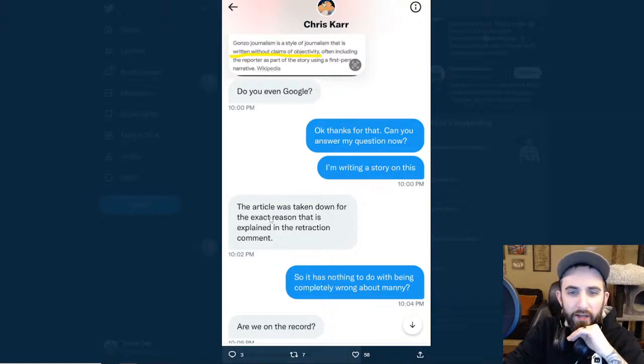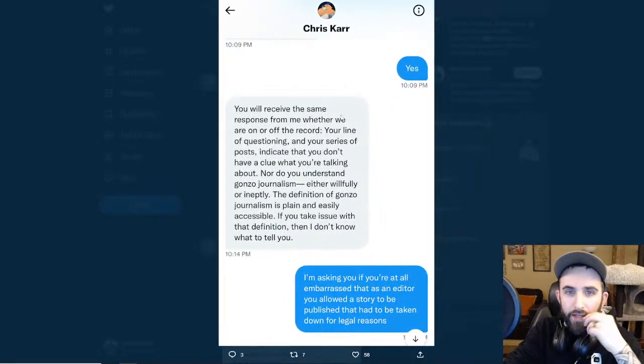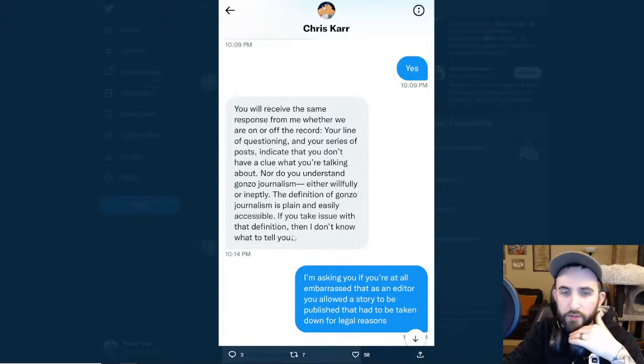The article was taken down for the exact reason that is explained in the retraction comment. So it has nothing to do with being completely wrong about Manny. Are we on the record? Yes. You will receive the same response from me whether we are on or off the record. Your line of questioning in your series of posts indicates that you don't have a clue what you're talking about, nor do you understand gonzo journalism, either willfully or ineptly. The definition of gonzo journalism is plain and easily accessible. If you take issue with that definition, then I don't know what to tell you.